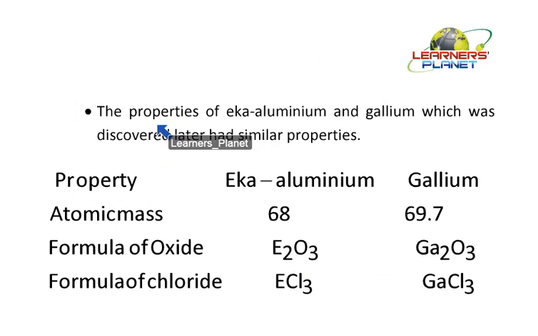These elements had properties similar to the other elements in the group. Later, after their discovery, it was found that the properties of Eka aluminium and gallium, which was discovered later, were similar. Let's see which properties are similar. Atomic mass: Eka means after, one, that is, one element after aluminium.